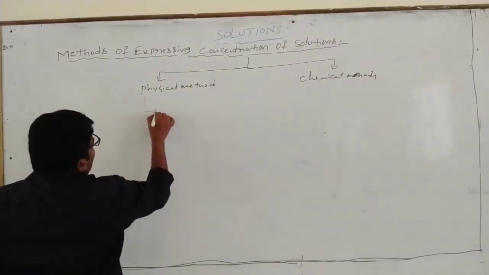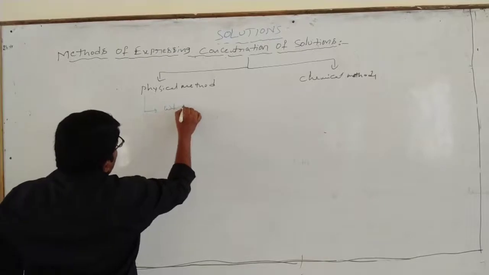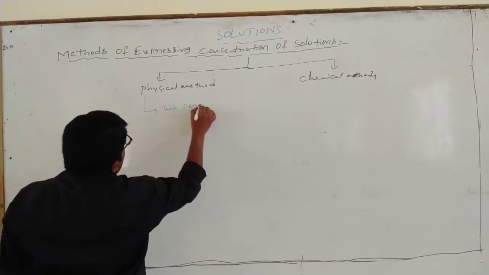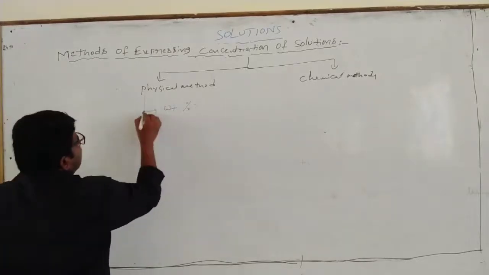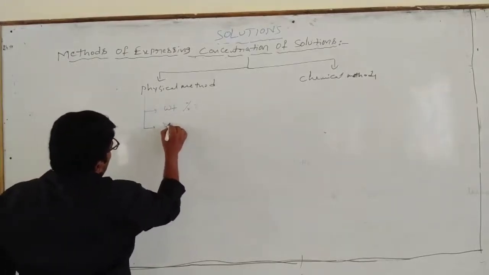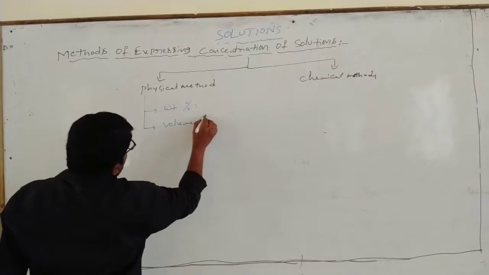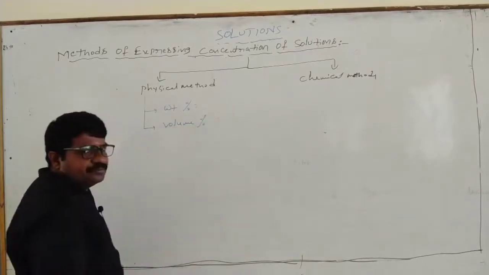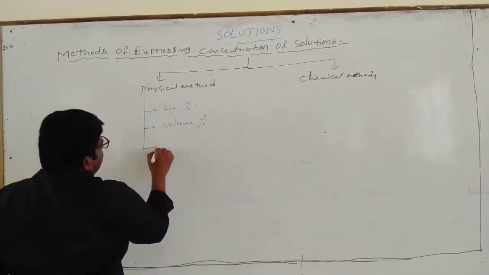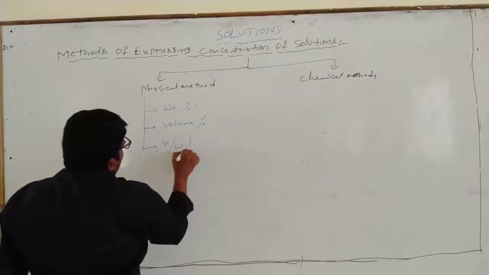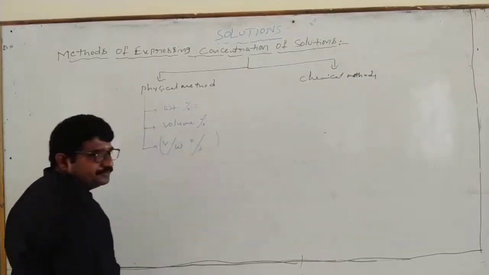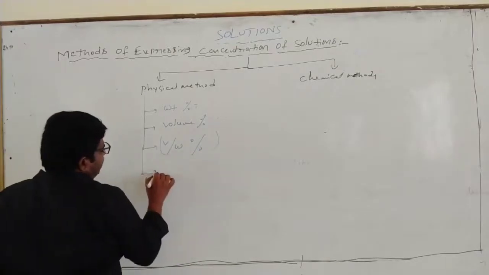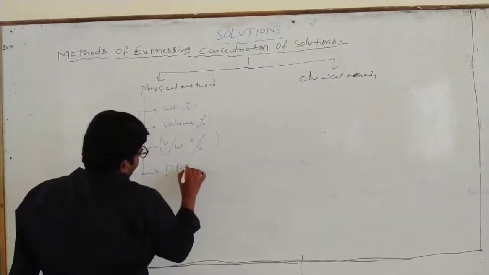In the physical method, the first one is weight percentage. The second one is volume percentage. The third one is weight by volume percentage. The fourth one is ppm, parts per million.